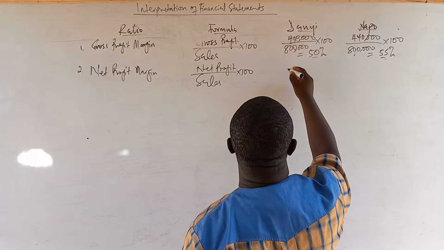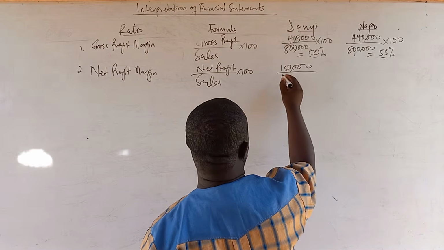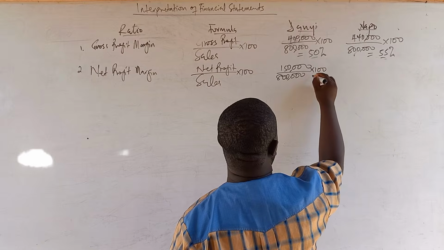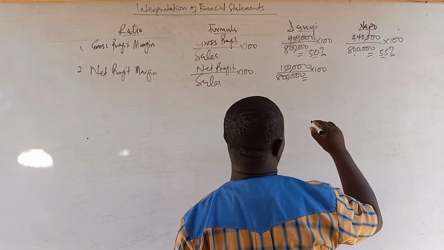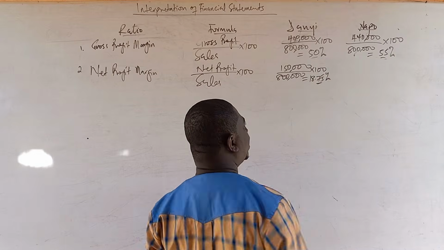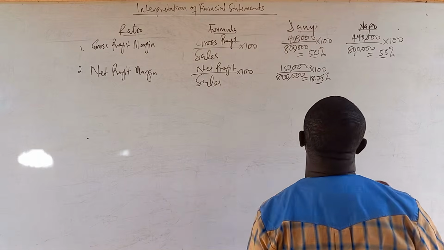And so that becomes 150,000 over the sales. Sales is already quoted as 800,000 times 100. So that is going to give us a percentage of 18.75%.